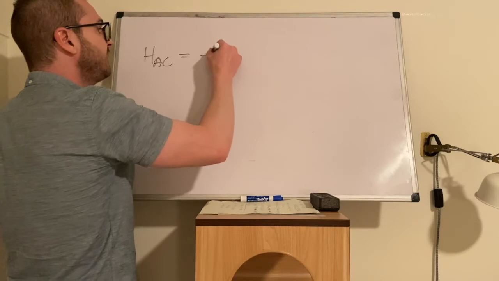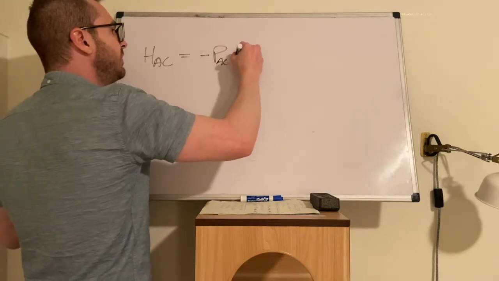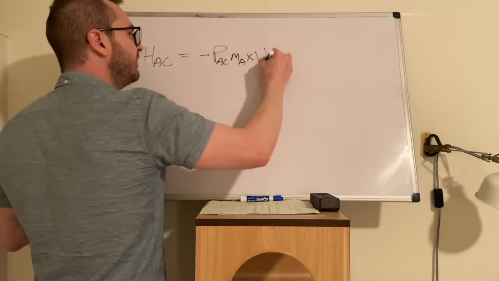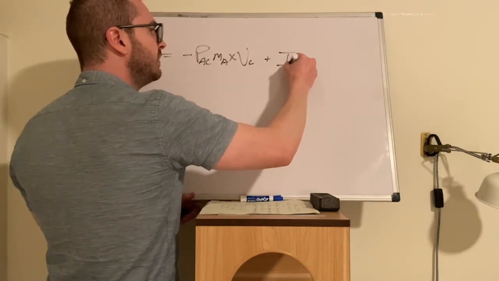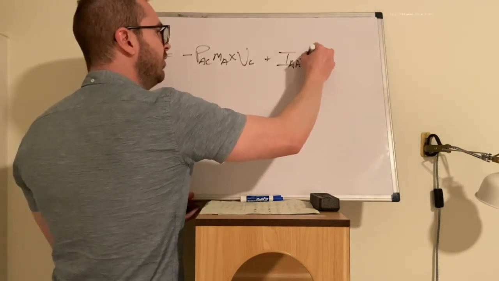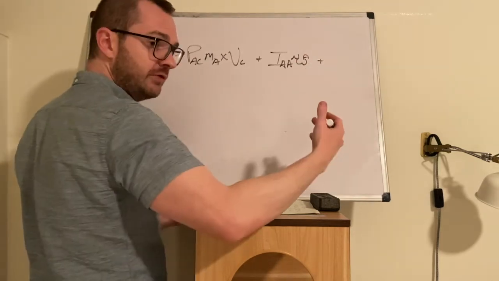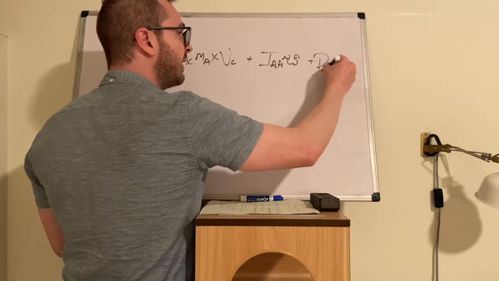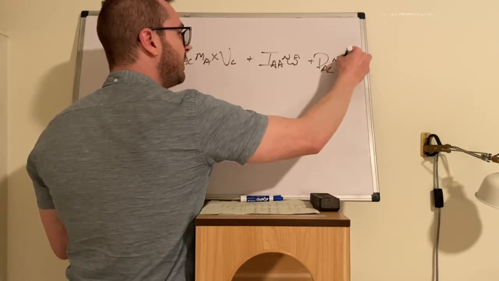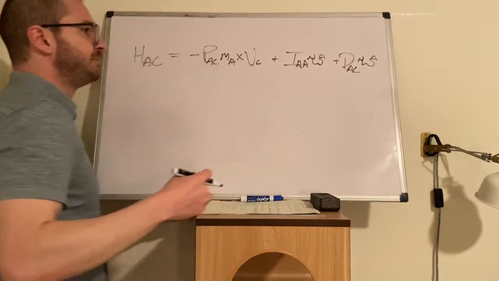We had minus PAC, MA cross VC. We had the original angular momentum, IAA omega NA, and now we have this new term coming from the vector triple product. And that's the displacement dyadic from A to C multiplied by omega NA.